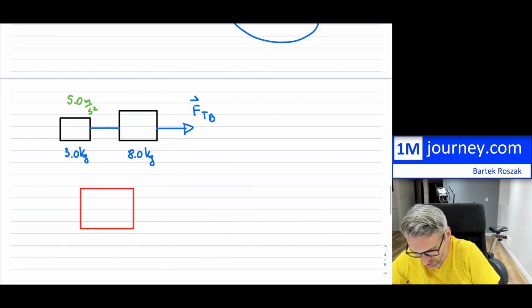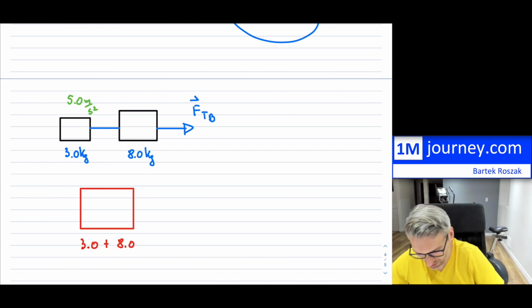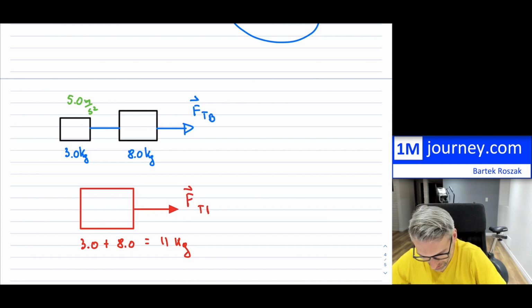That one item is going to have a mass of 3 kilograms plus 8 kilograms. We neglect the actual ropes or the connections in between there. So this is going to be 11 kilograms as a whole. The force of tension that you have, again, there's no friction, so this is the only force that is applied, which means that this is your net force.